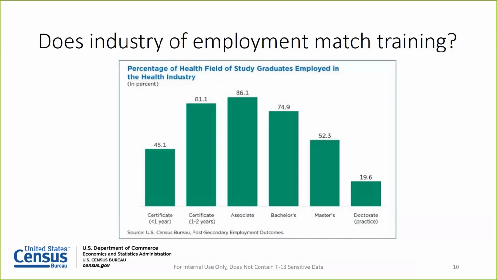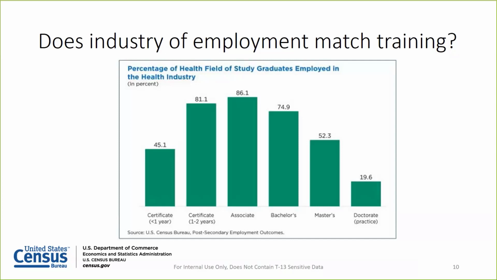What you can see here is conditional on being employed. If you got a certificate in health, which is less than 1 year, less than half of those individuals end up in the health industry sector. Now, if you got a longer certificate or an associate's degree or even a bachelor's degree, a much larger share of those individuals end up in the health sector.